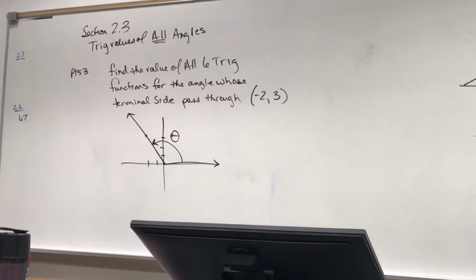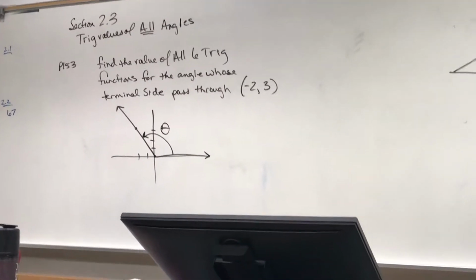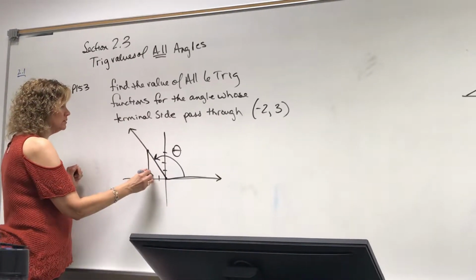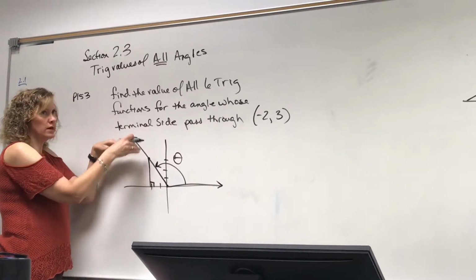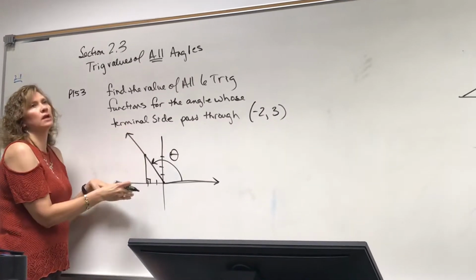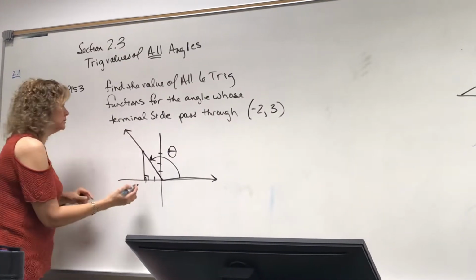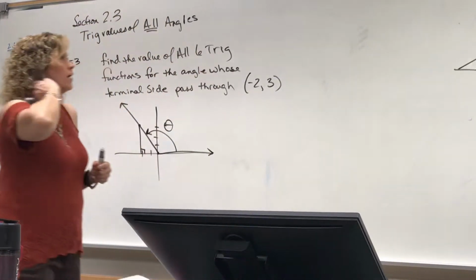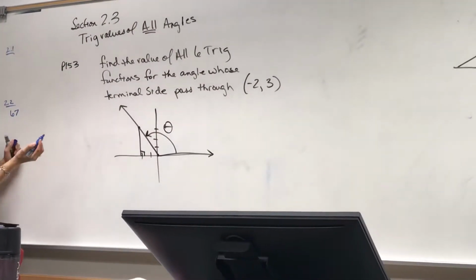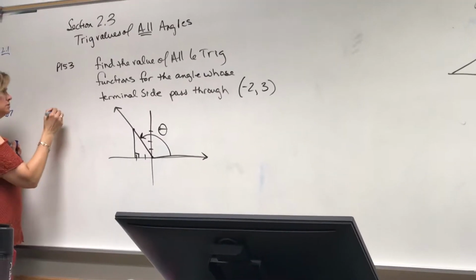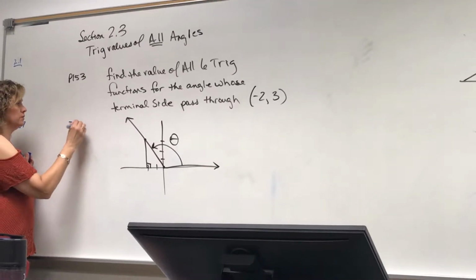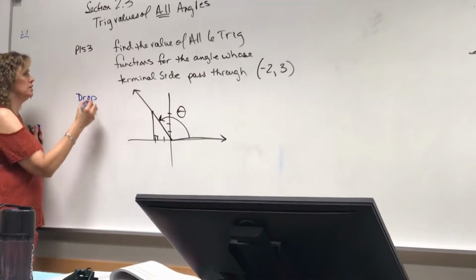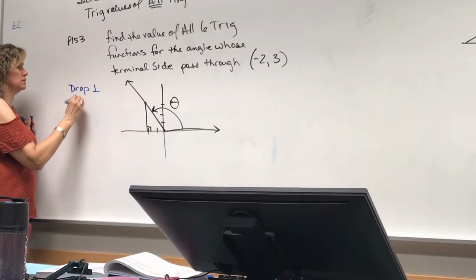What we're going to do is utilize the right triangle that we can create with the x-axis. Just like I wrote on the board on Friday, we're always going to be making triangles to the x-axis. We drop our perpendicular; sometimes if we're in the third or fourth quadrant, we'll draw it up.